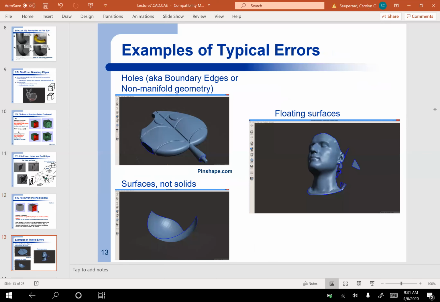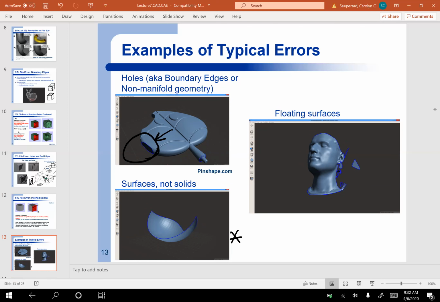Here are some examples of typical errors as well. So here are some holes. You can see here, this is not a watertight part. You can see some holes here on the edge, so it won't be able to build that. Here's an example on the bottom left of something that looks like it was meant to be a shell, but it's a surface and not a solid, so it can't actually print it because it doesn't have finite volume.